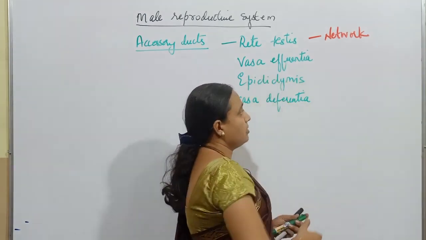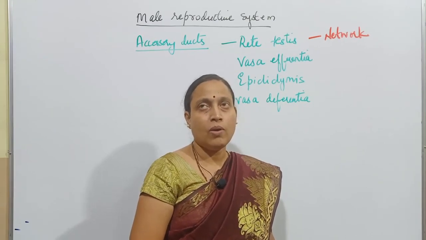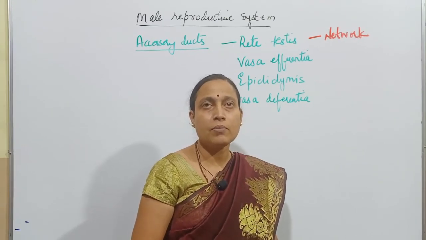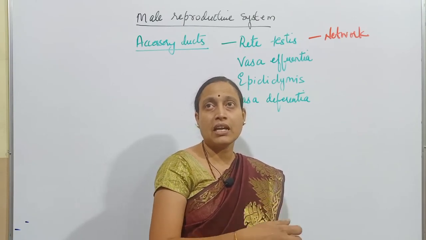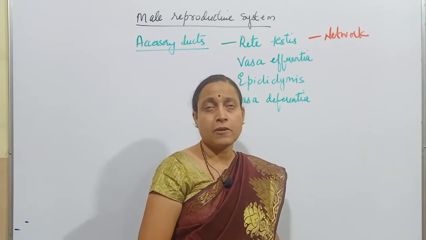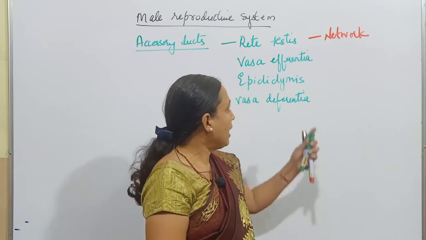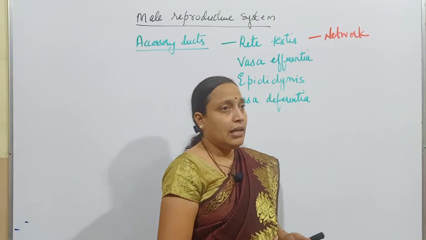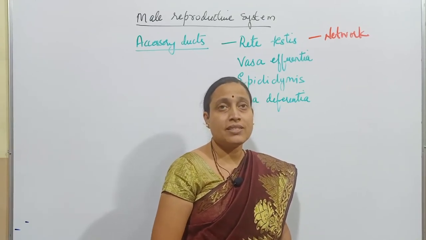Now next is vasa efferentia. Vasa efferentia is the tube that comes out of the testis. This is the first tube that actually physically comes out of the testis. There are around 12 to 15 vasa efferentia, and they connect to a single tube afterwards.